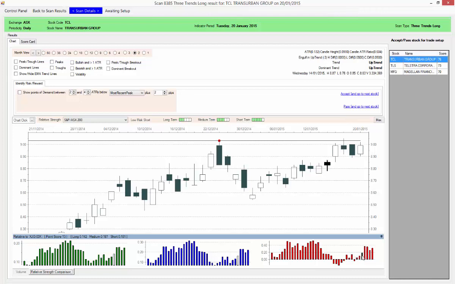What it does is compare in the short term. If we just focus on the short term here, this bar, I'm seeing it's 0.318% higher in relative strength in the short term than the ASX 200.